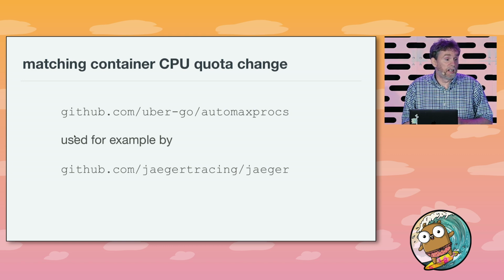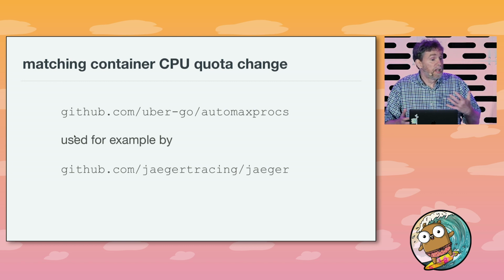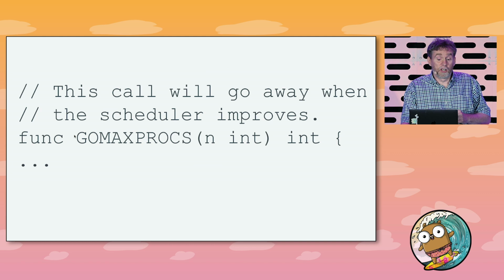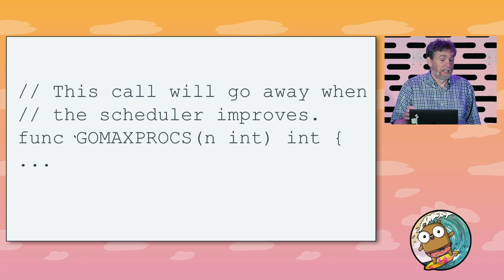You can see that in an example in the Jaeger tracing library, which uses something from Uber that does that very thing. Interestingly, in the code in the standard library, it says this call will go away when the scheduler improves.